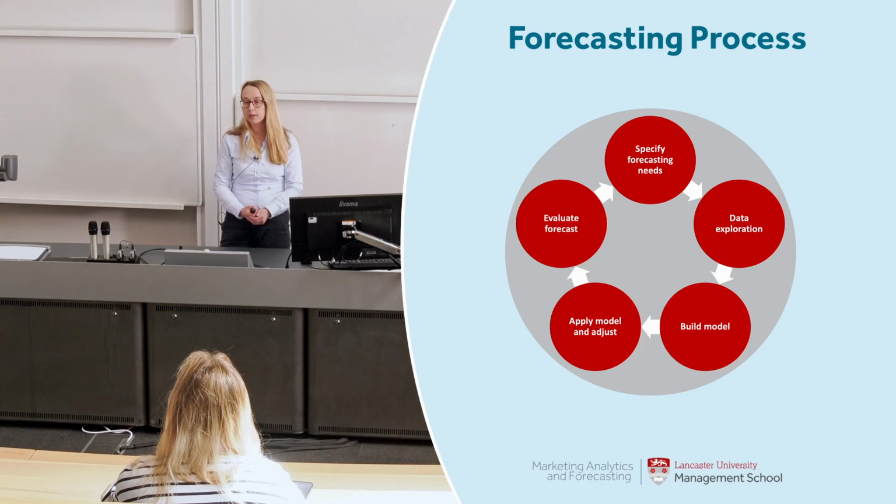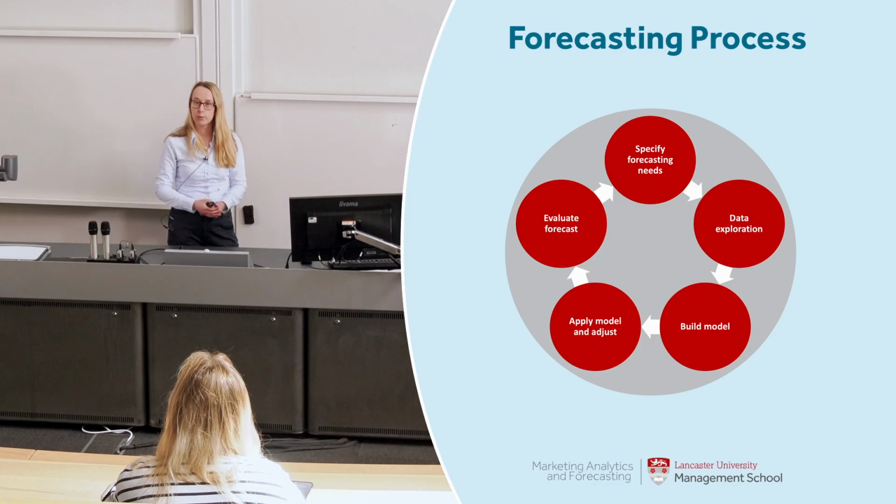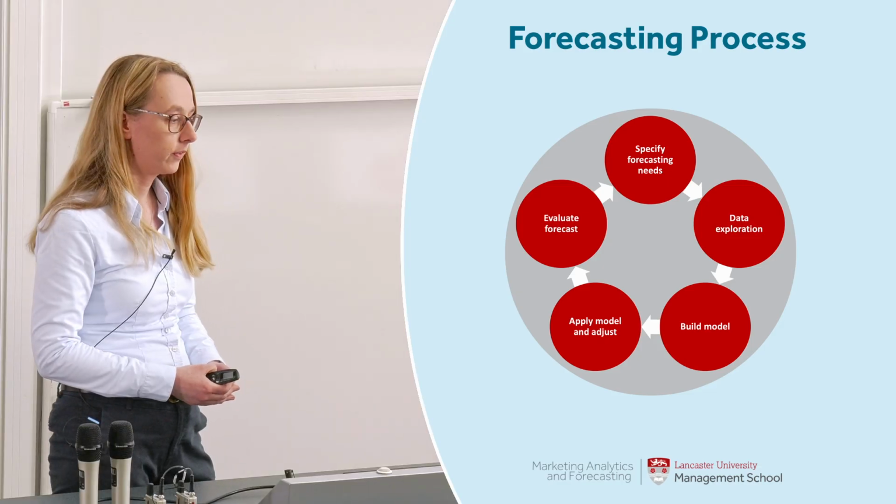So typically, a forecasting process follows different steps. We need to start by specifying our forecasting needs. For example, if we want to make inventory decisions and we need a forecast for that, then we should take that into account when we start the forecasting process.